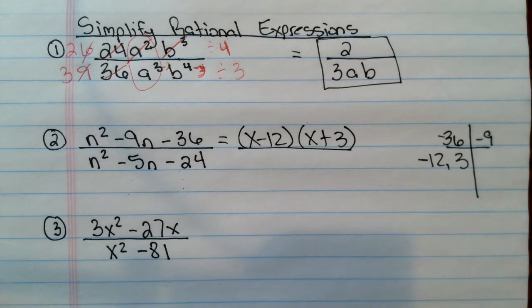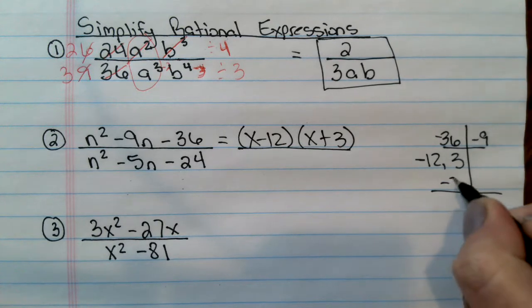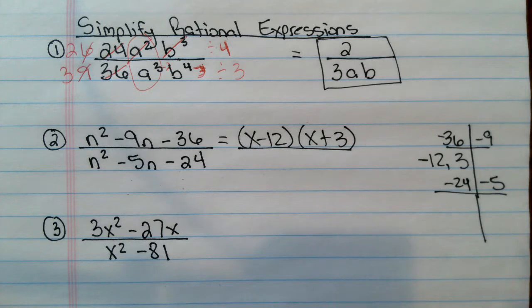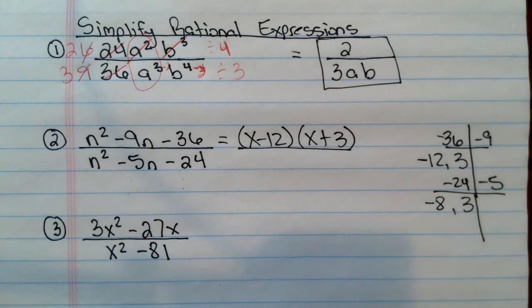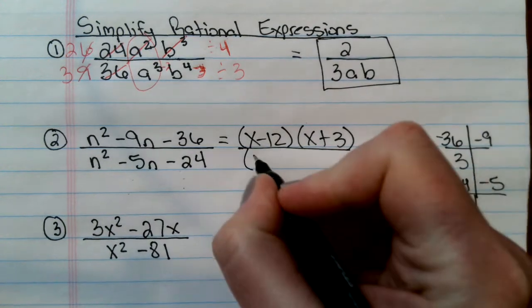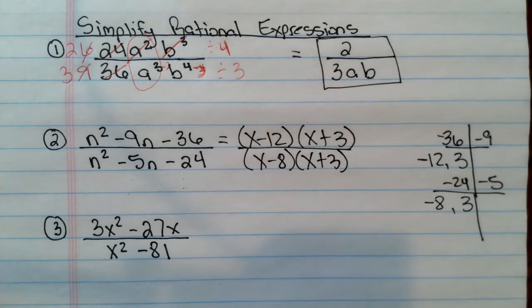And then on the bottom, I'm going to have to find factors of negative 24 that add up to negative 5. And 8 and 3 are 5 apart, and it's the 8 that would have to be the negative one. This factors as x minus 8 and x plus 3.